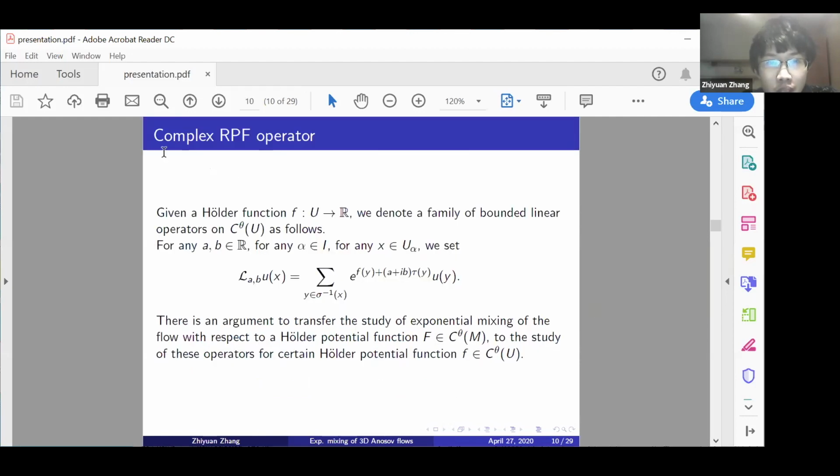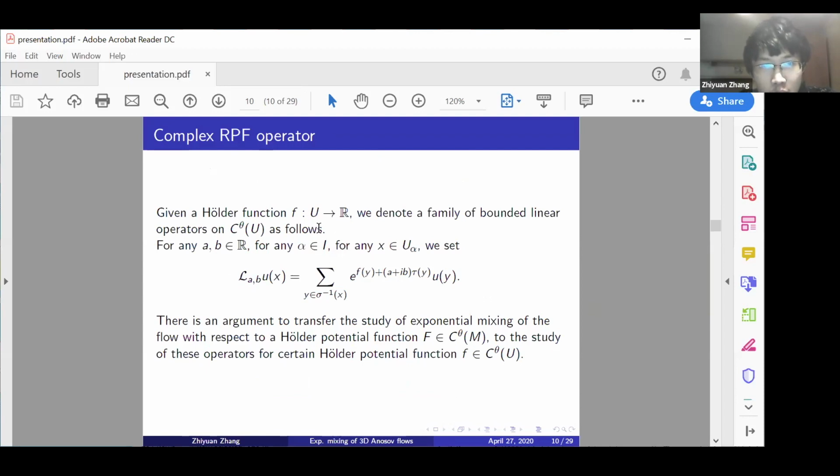And then we'll consider the complex Ruelle-Perron-Frobenius operator. This operator takes this form, where you consider A being real.